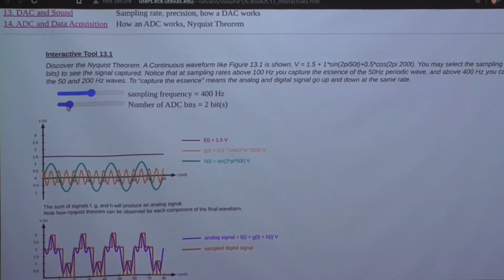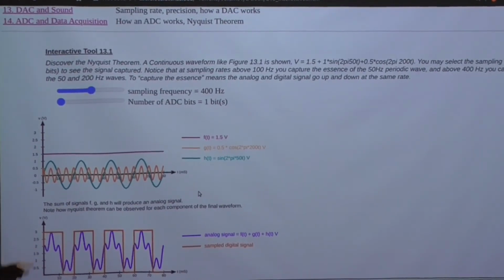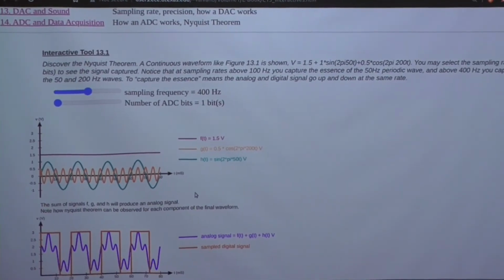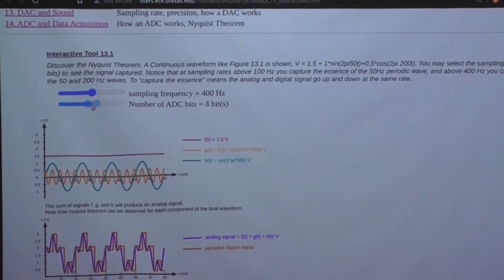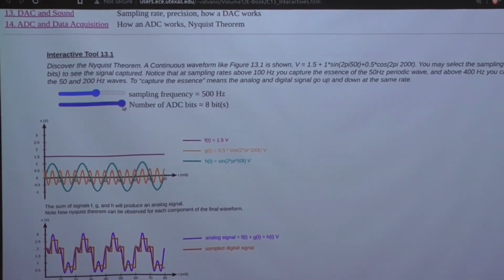If you decrease it down to 1 bit, you're essentially just comparing it to a reference voltage and deciding high or low. If you increase that, you get, again, better and better approximations of the actual signal. Make sense?